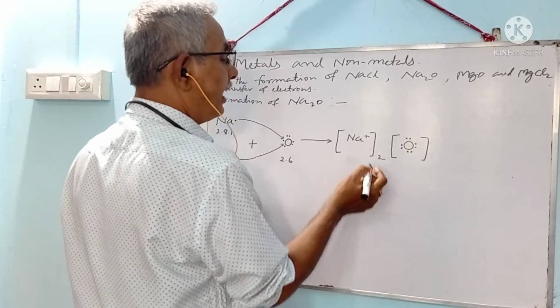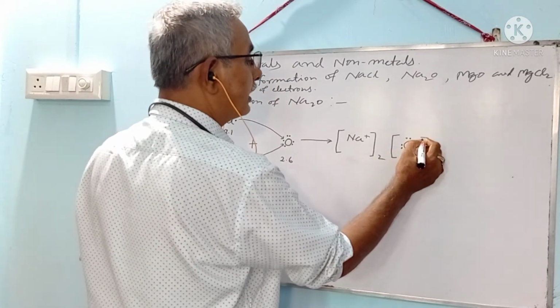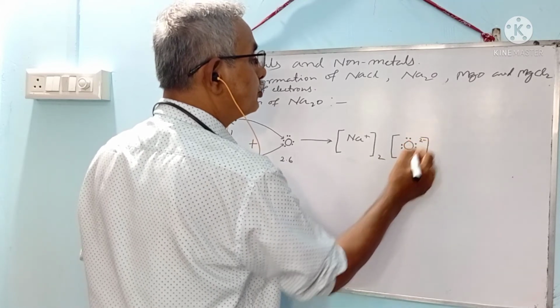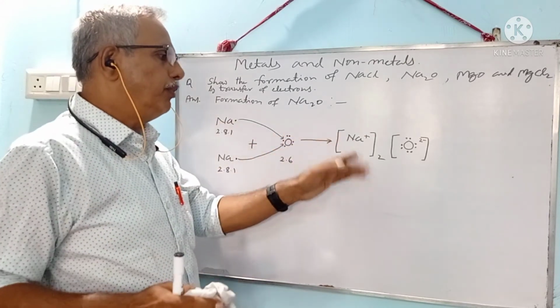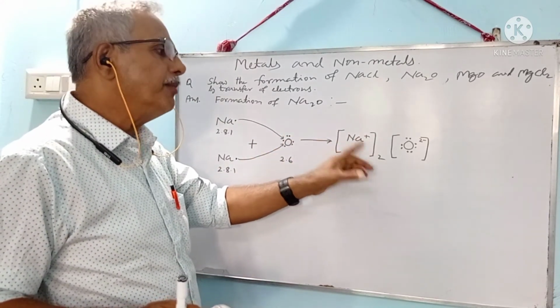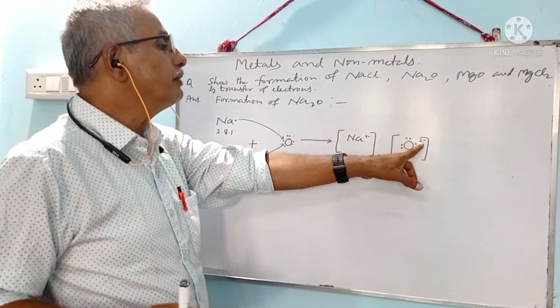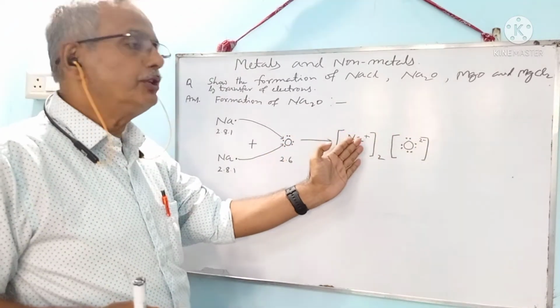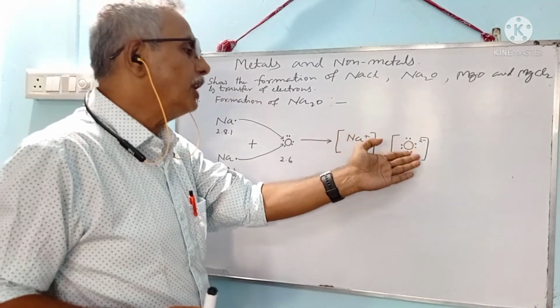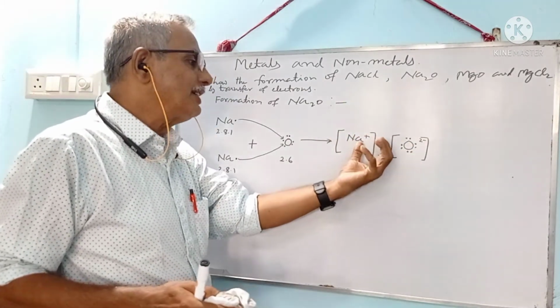Do you understand? As it got 2 electrons, so it became 2 negative. 2 into 1 positive means 2 positive, and this is 2 negative. So however much positive charge you get, the same will be the negative charge also, and there will be the force of attraction between them.